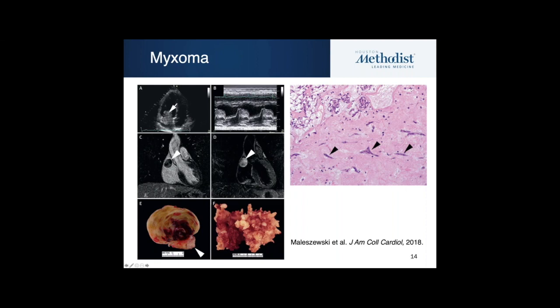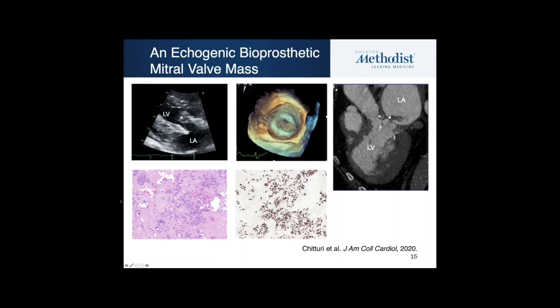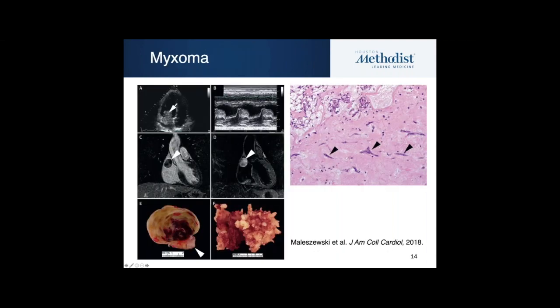And here you can see the different images illustrating the myxoma, the pedunculated mass, and the apical four-chamber view of the echo, as well as prolapsing during diastole.